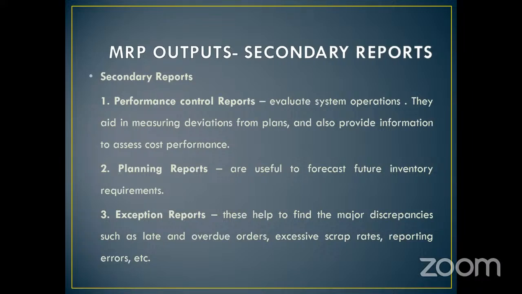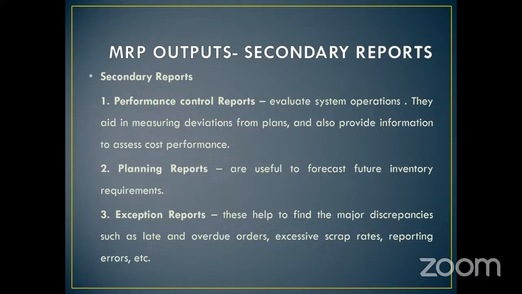We have to study that. The performance control report evaluates the system operations, aids in manufacturing, and shows deviations from the plan. It also provides information to assess the cost performance, obviously, because we require this report, right? That is the performance report, and on the basis of the performance report, you are able to sustain in the market.